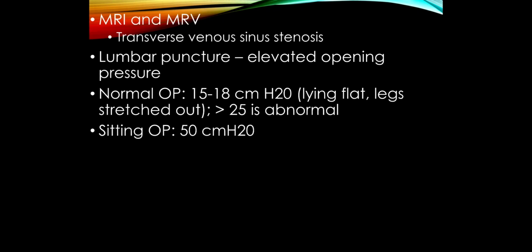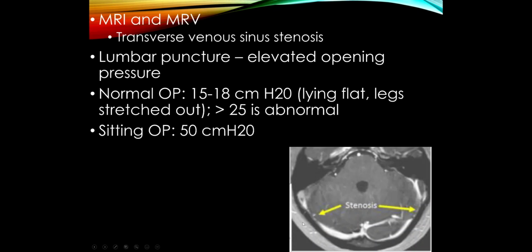And here normal is up to 50. All right, so whenever I hear a report about elevated opening pressure, I always want to know what position the patient was in. And if their knees were crunched up to their abdomen when you check the opening pressure, that's going to cause it to go up. So the legs need to be stretched out when you're measuring the opening pressure.